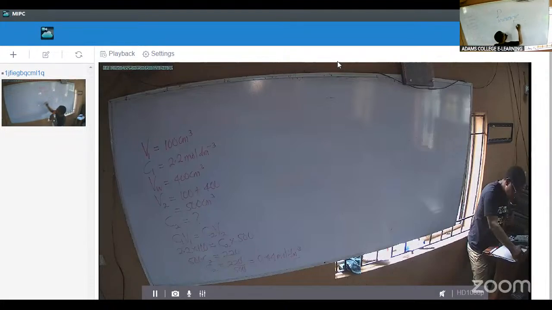Using your Hund's rule, when you are filling electrons, you have to fill singly. So you have 1, 2, 3. The answer is 3 unpaired electrons, not 1. You have to fill them singly.